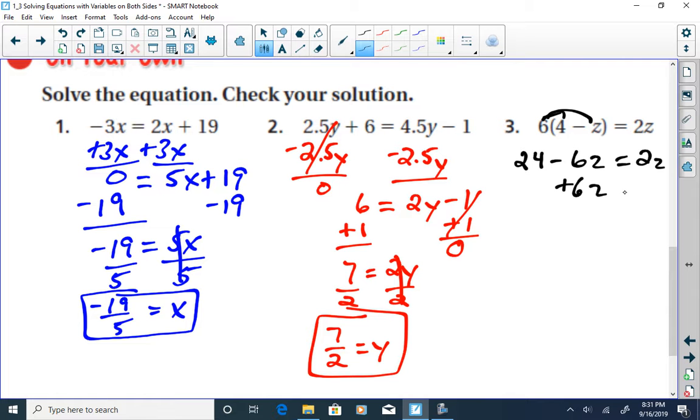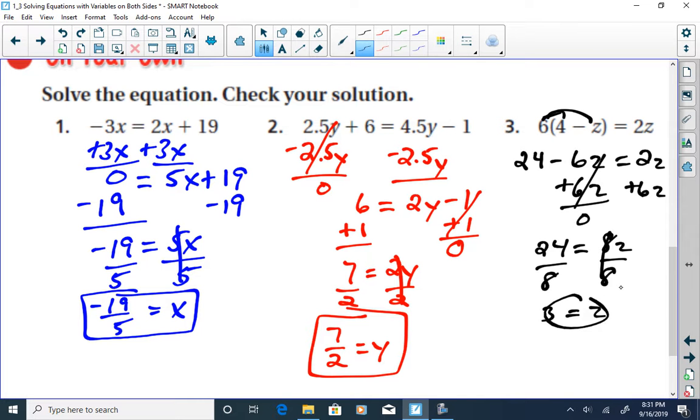So I'm going to add 6z to both sides of that equation. That becomes 0. We're left with 24 is going to be equal to 8 times z. I want to divide both sides of the equation by 8. On the right side they cancel, so we're left with z is going to be equal to 3.